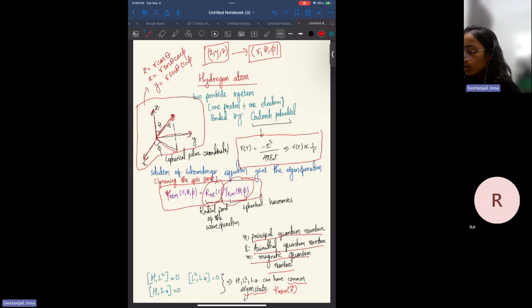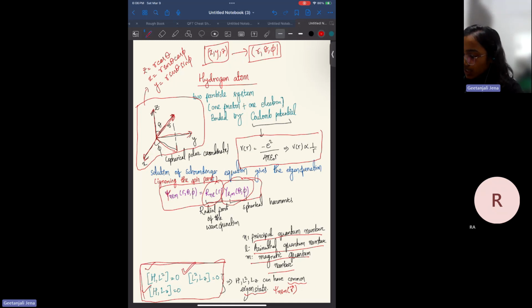Now for this kind of system, if you solve the commutation relations, you see that the Hamiltonian commutes with L squared, so that commutation relation is 0. It also commutes with Lz, and L squared commutes with Lz.